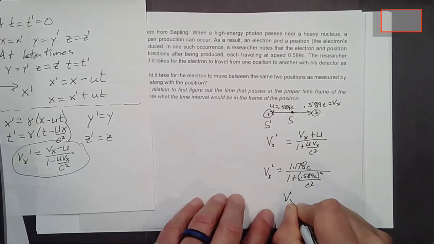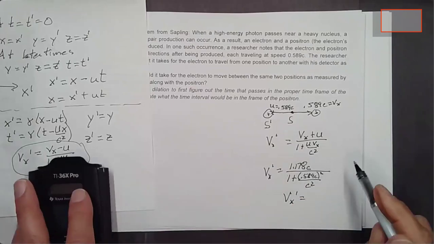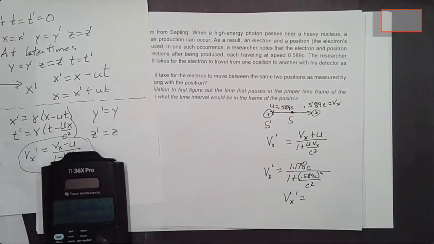V sub X prime, the velocity of the electron with respect to the positron, will be 1.178 divided by 1 plus 0.589 squared.